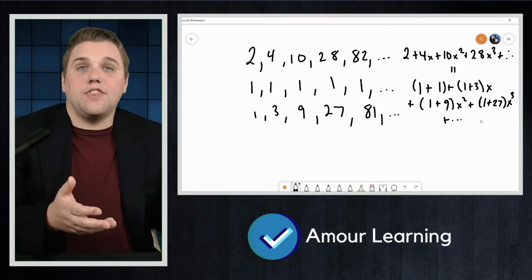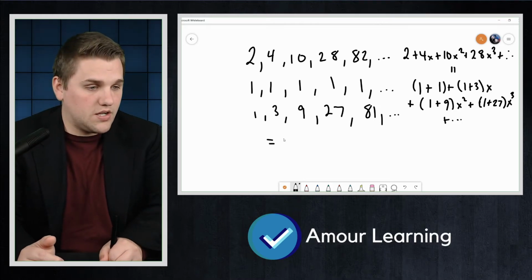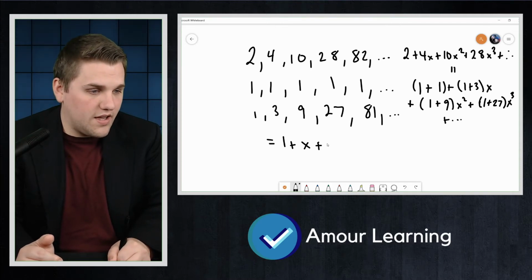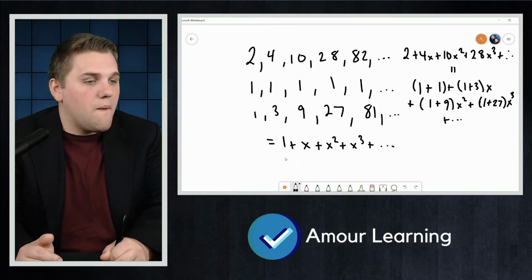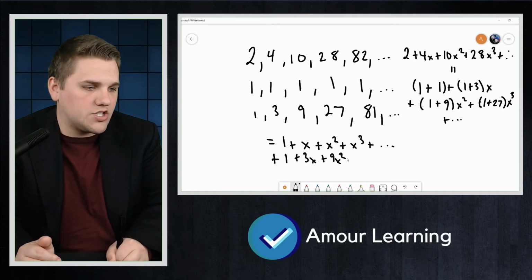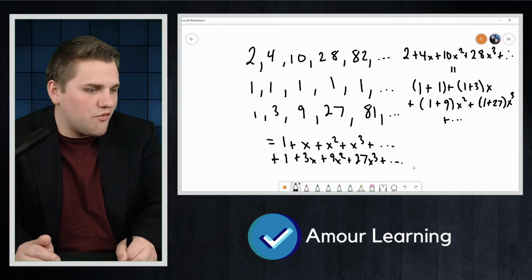So by the way, this is equal to 1 plus x plus x squared plus x cubed and so forth, plus 1 plus 3x plus 9x squared plus 27x cubed and so forth.